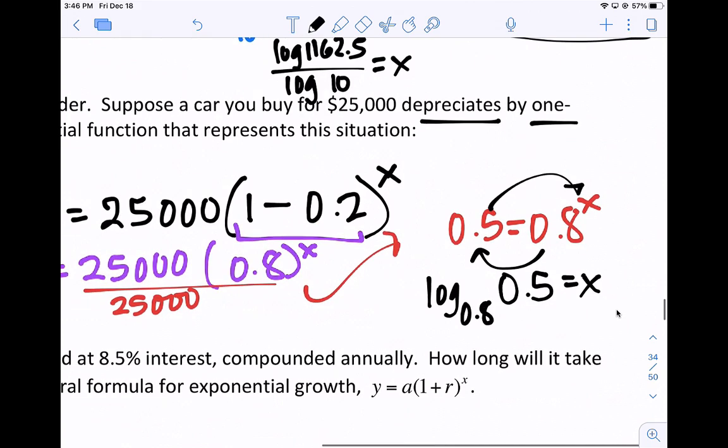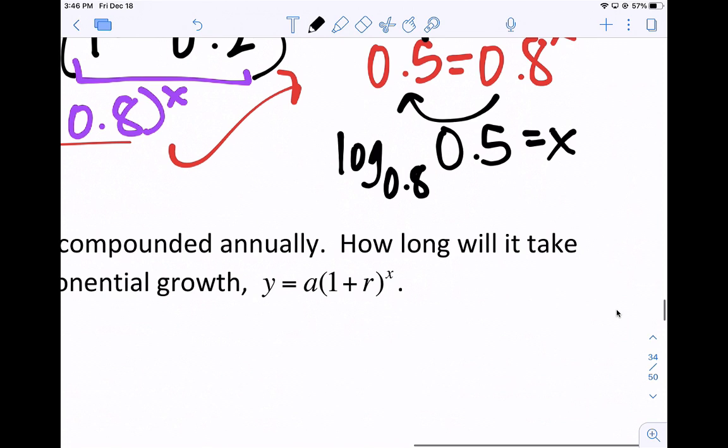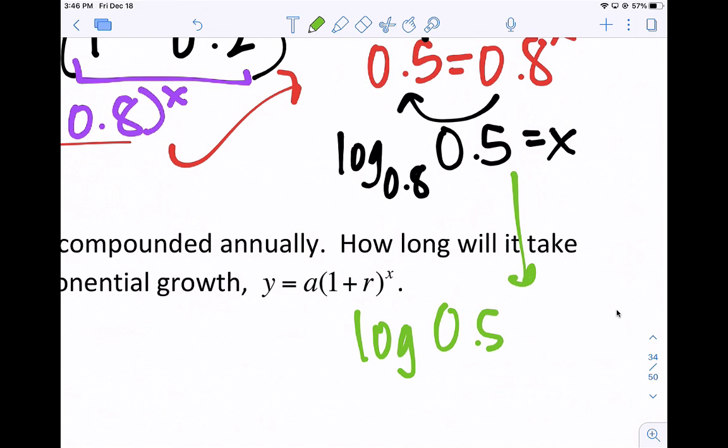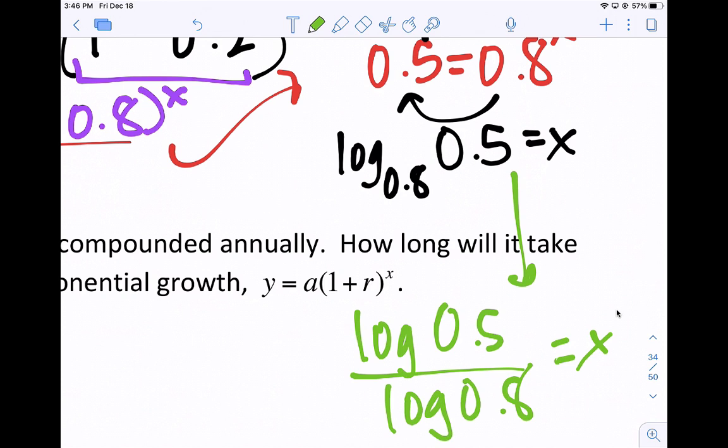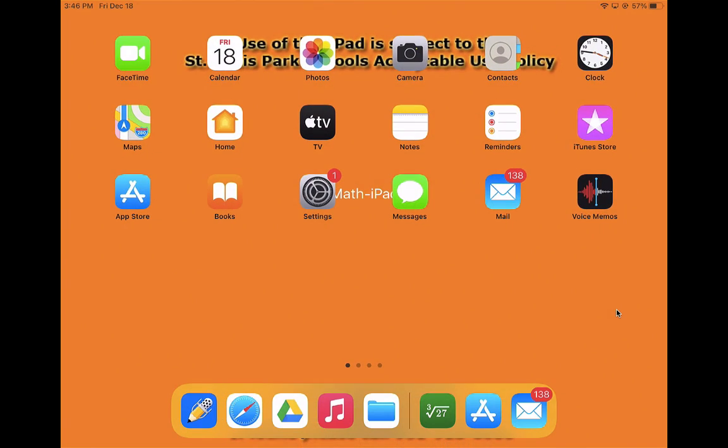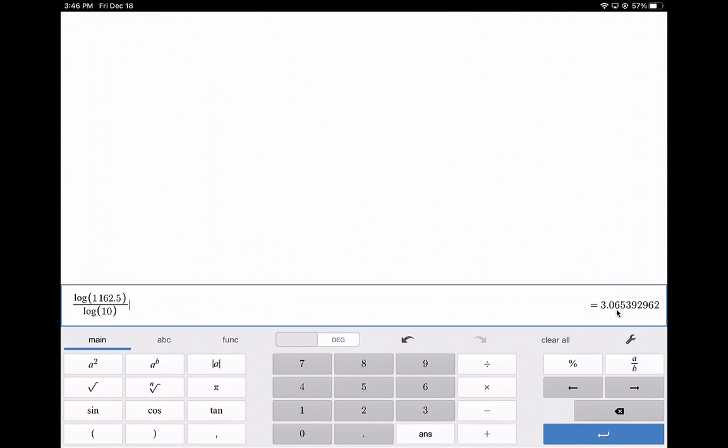And now we'll type that into our calculator. I'm running out of room here, so I'll show how I will type it in down here. It'll be log of the 0.5, the second number, divided by log of the 0.8. And we'll type that into our calculator.